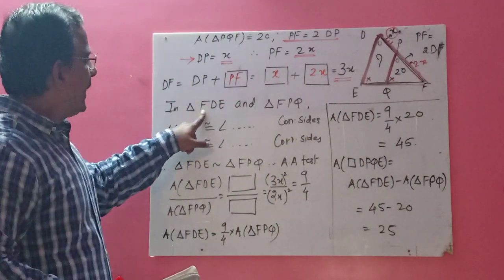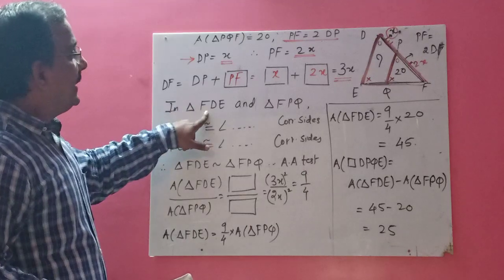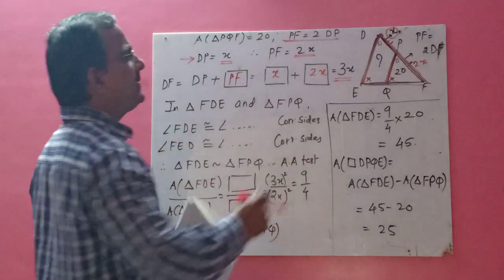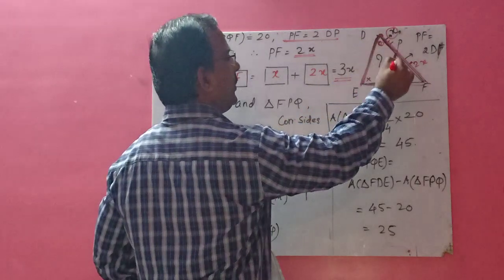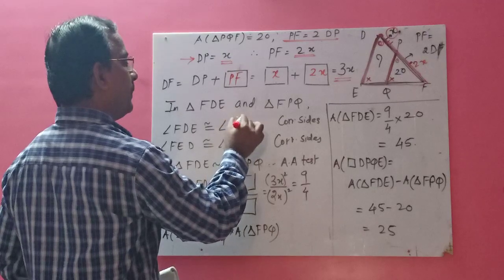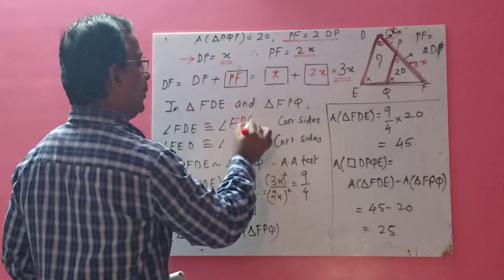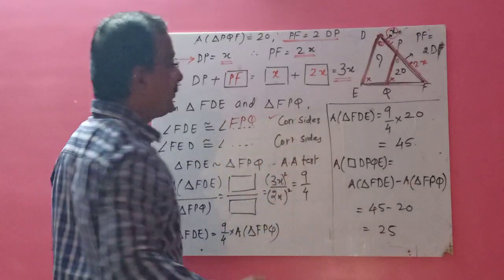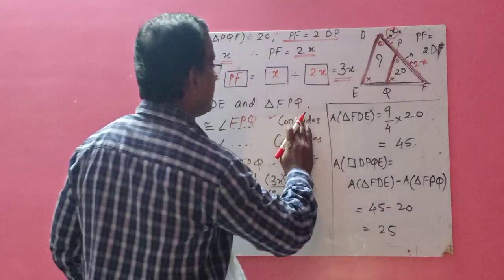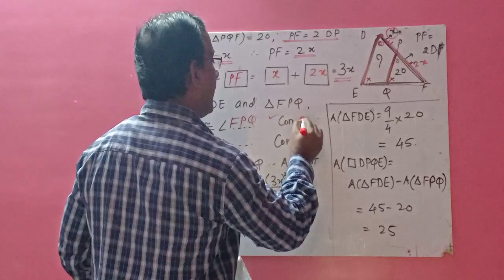So take these 2 triangles. In triangle FDE and triangle FPQ, angle FDE, this angle, is equal to this one. So write down angle FPQ. The reason for that is corresponding angles. Sorry, I have written corresponding sides here; it is corresponding angles.